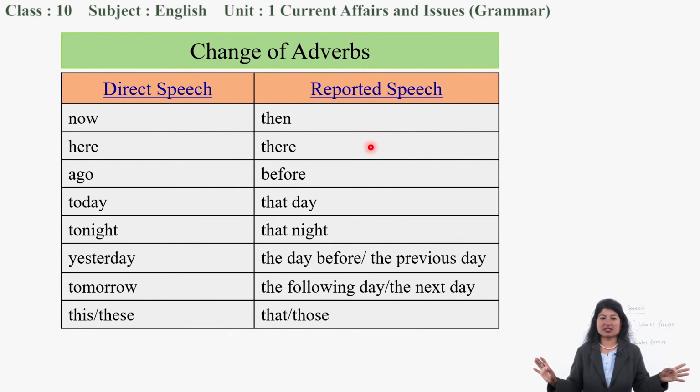Mug up these adverbial changes: now into then, here, there, ago, before, today, that day, tonight, that night, yesterday, the day before, the previous day, tomorrow, the following day, the next day, this, these, that, those. This is how the adverb changes.